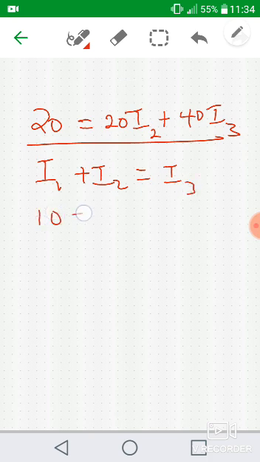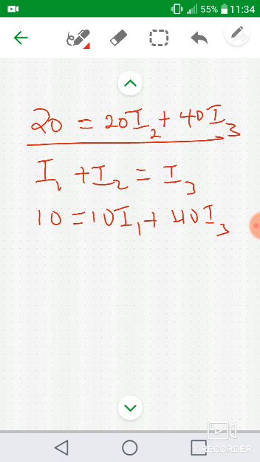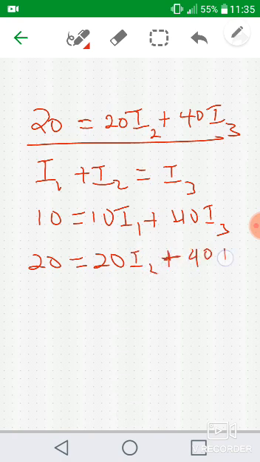Then 10 is equal to 10 I1 plus 40 I3. Then the last one was 20 is equal to 20 I2 plus 40 I3.